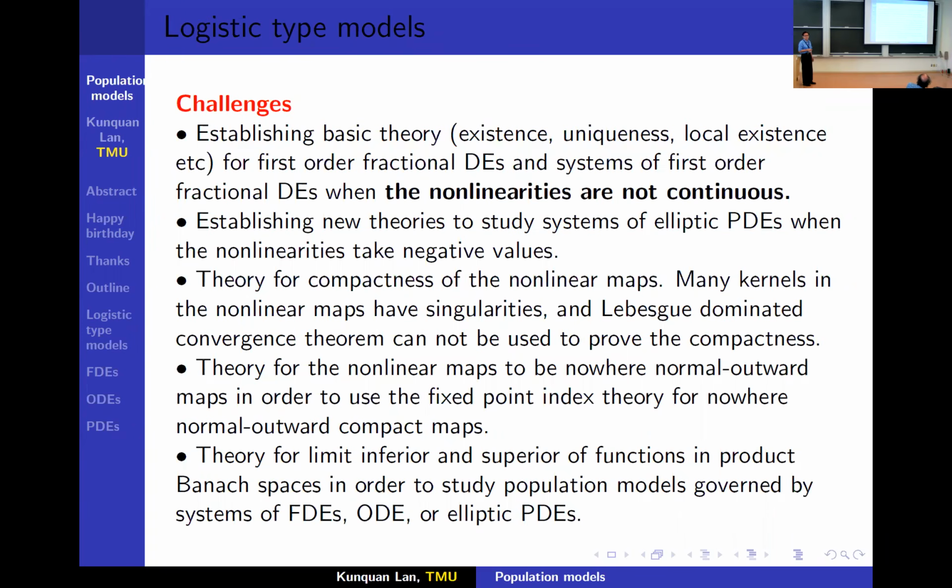So how do you compute the supremum and limit supremum or limit infimum in a product space? For example, you have a population model, a predator-prey system. For the right-hand side term, how can you compute the limit infimum or supremum? Such theory we need to set up, otherwise you cannot work on it.